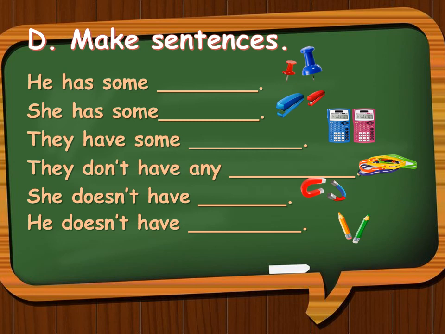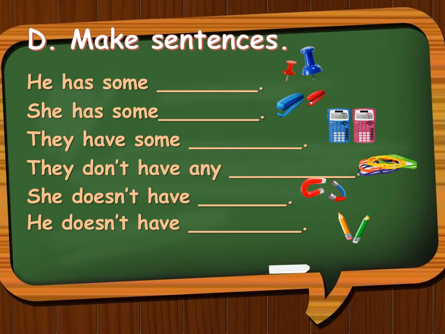D. Make sentences. So please look at the following objects after each sentence. Refer to the objects that you can see after the sentences. Are you ready? Let's start. He has some.